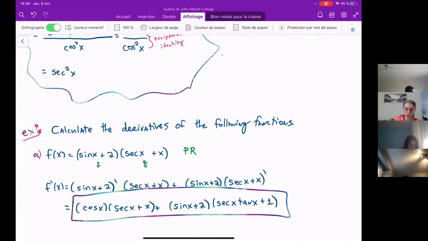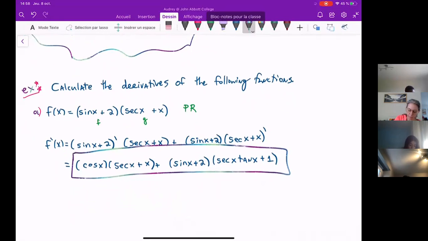And so this was really just the same as the type of thing that we've been working on up until now. So we're just going to do one more before we throw in the chain rule.